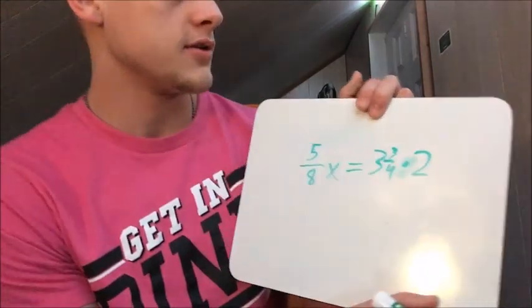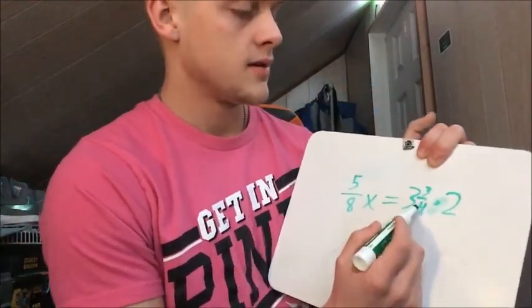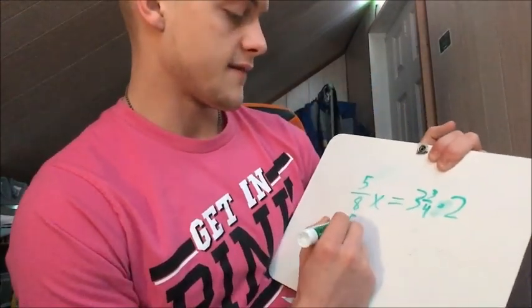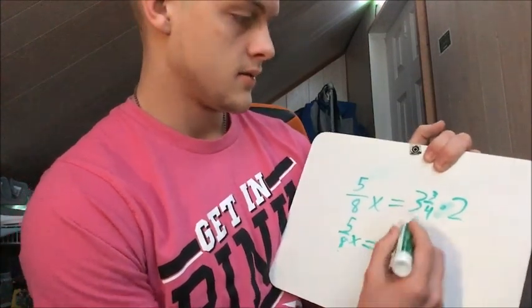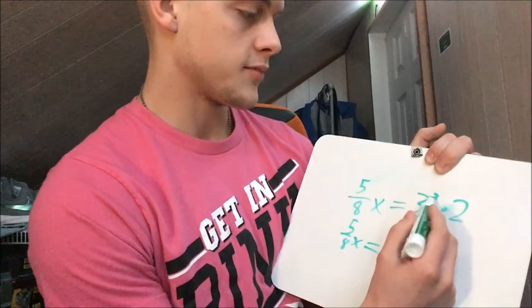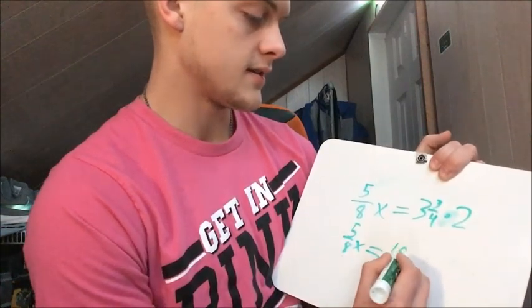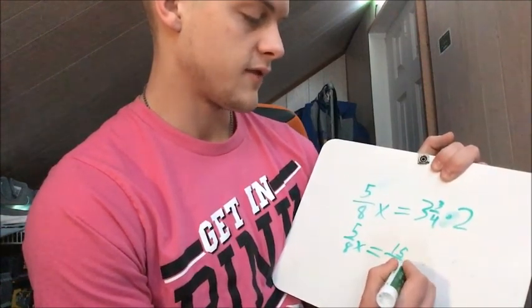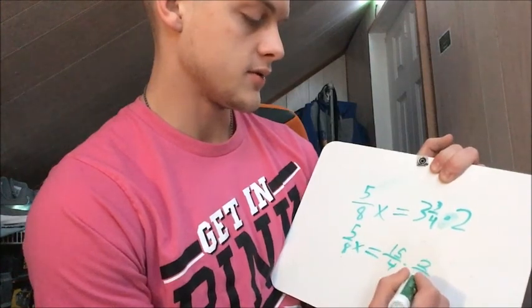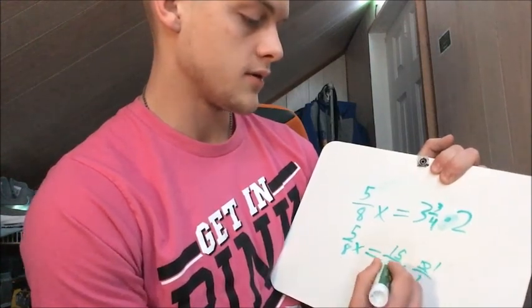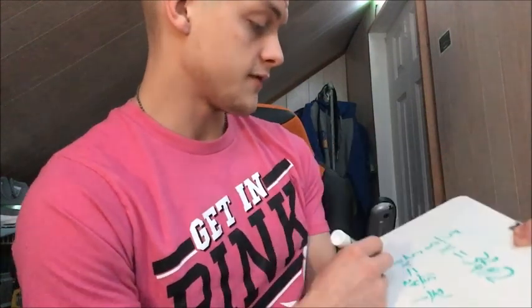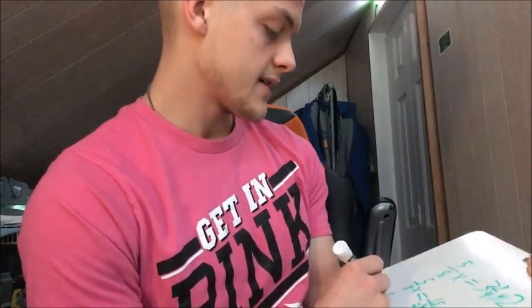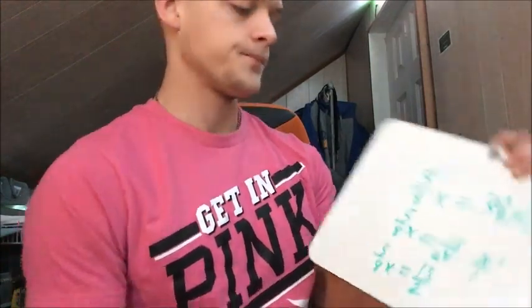So first thing we're going to do is multiply these together, but you have to change that first. So we have 5/8 x equals 4 times 3 is 12, plus 3 is 15, so 15 over 4 times 2 over 1. This becomes a 1, this becomes a 2. That's going to be 15 over 2. So 5/8 x should equal 15 over 2.